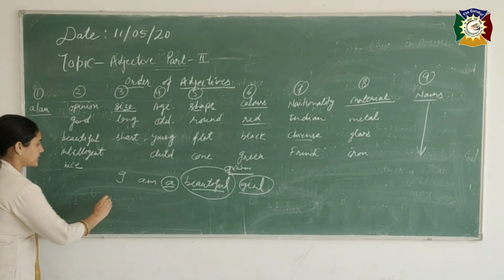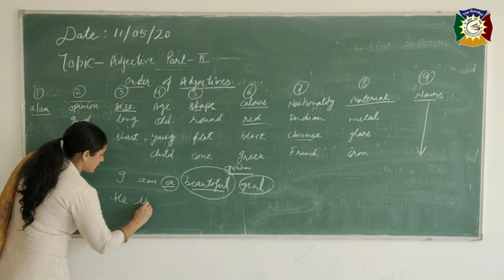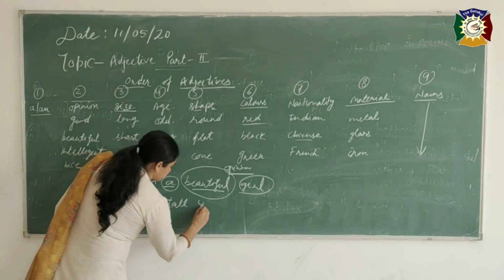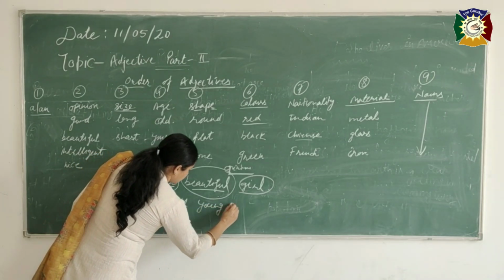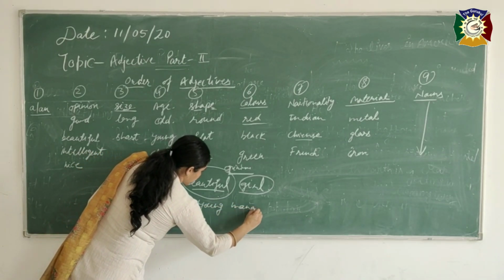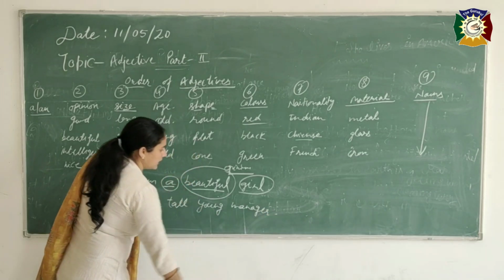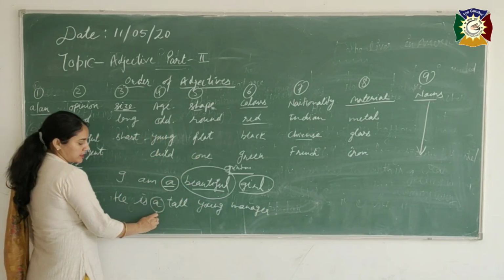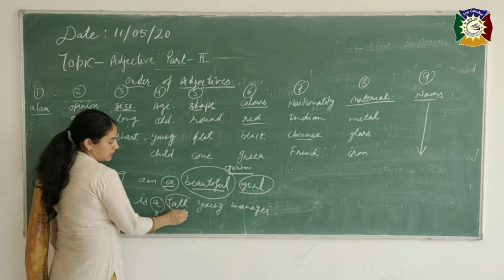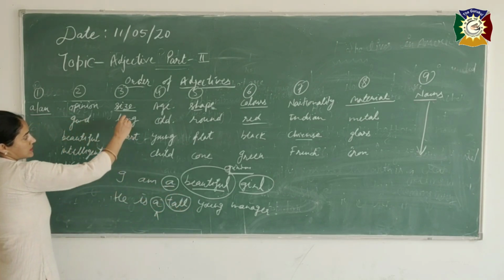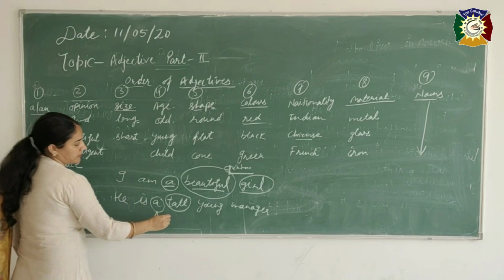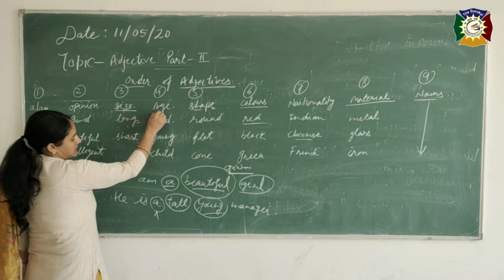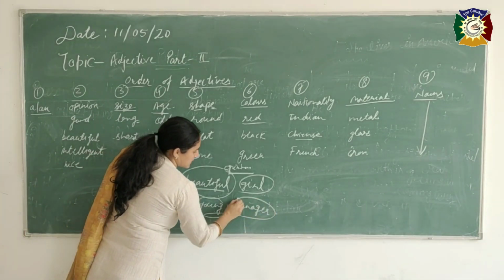Next sentence: he is a tall, young manager. So go with the order: indefinite article, tall, which is your size (long, short, tall), young, your age. After size is age, and manager is the noun.